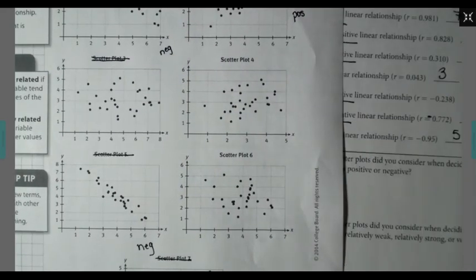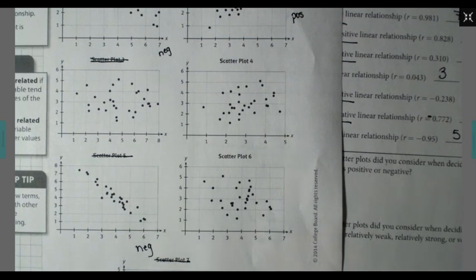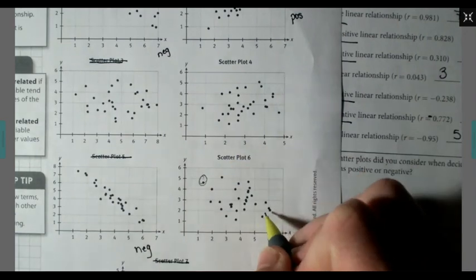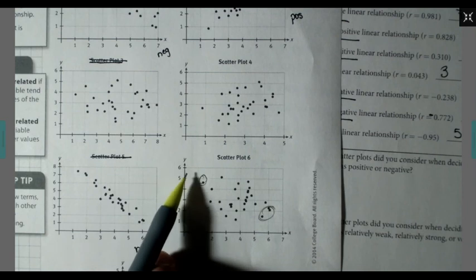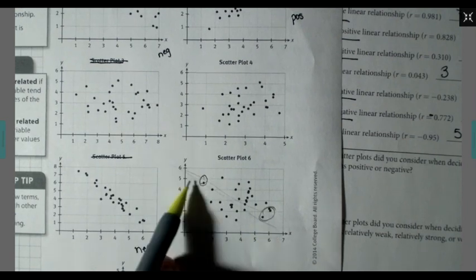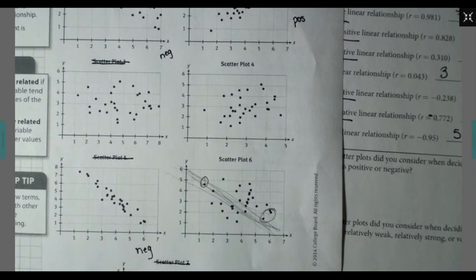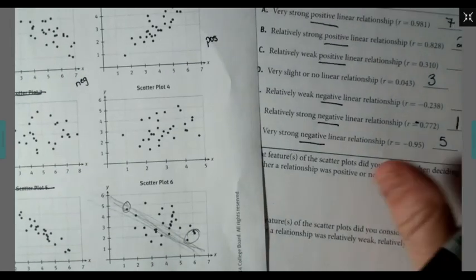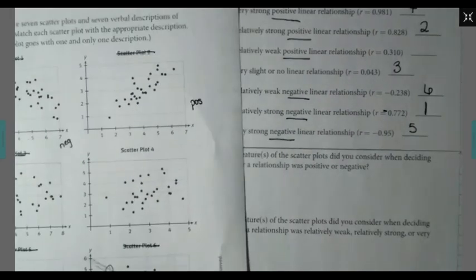Okay, now we're down to 4 and 6. One of those is going to be a weak positive. The other one is a weak negative. Well, if we look at these values here, I'm picking out a few points in particular. I got this point here, and I got some points here. And if I tried to connect those points, it would be something along those lines. Not exact, but it's going more this direction. So that would be considered negative. So I would say that this is E. Number 6 is E. Same thing here.